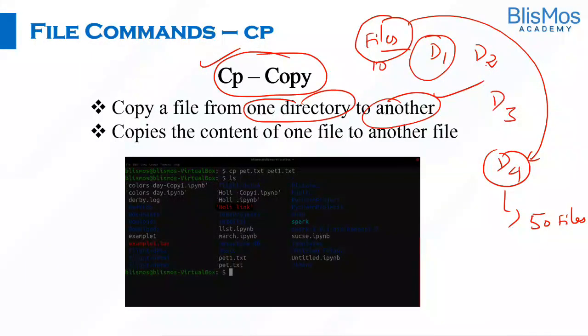The second one is, if you want to copy the content of one file to another file, that also can be done with the copy command. Look at this, the way we are doing it here. We are saying cp pet.text to pet1.text. What it means is the contents of pet.text will be copied to a new file, pet1.text.